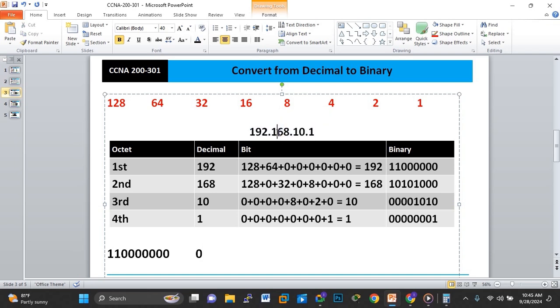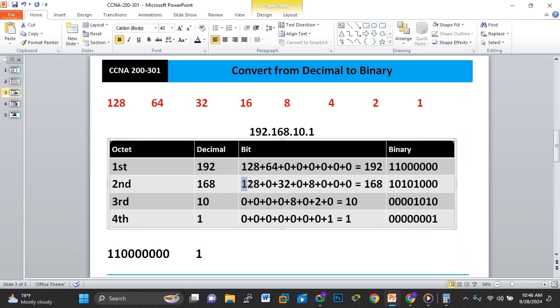This 168 is bigger than 128, so you turn the bit on. So now you can see it down here: 128, you bring it down.